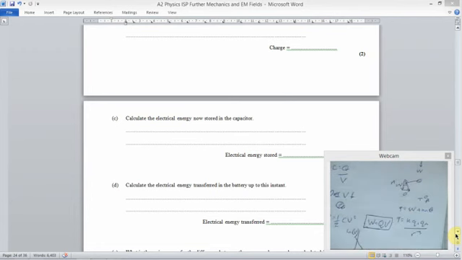You need to multiply the charge that you've got from before by the voltage of the battery, which is 6 volts. So you know there's going to be a difference between these, because there's energy lost inside the circuit.